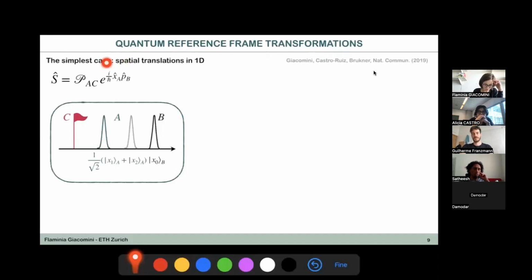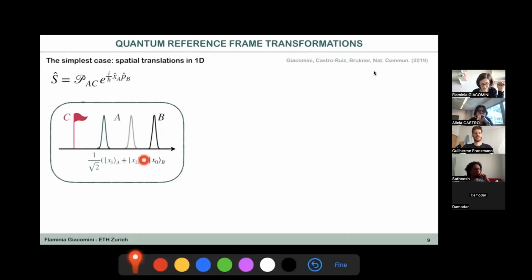And so now I want to apply this operator here to the state of A and B and find the description from the quantum reference frame centered on the position of A. So now look at this operator, how it acts. So imagine that it acts on this state. When A is in X1, it translates system B by X1. When A is in X2, it translates system B by X2.